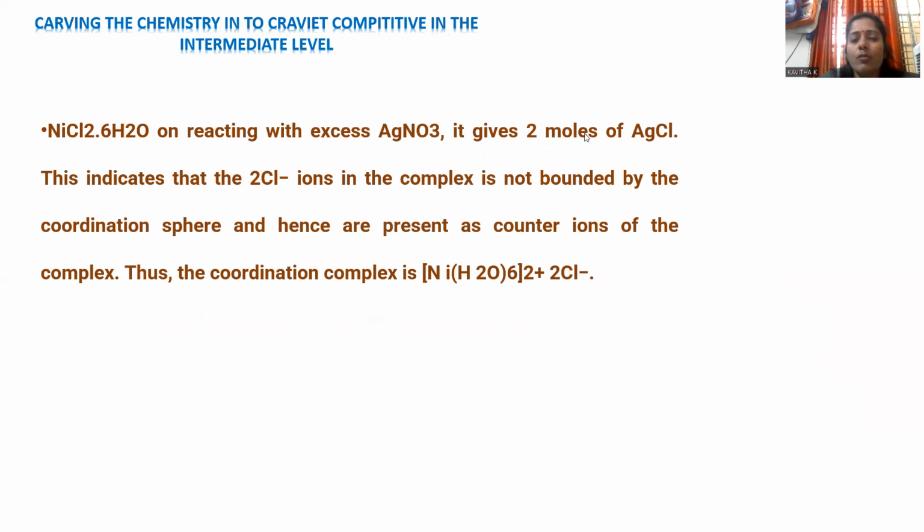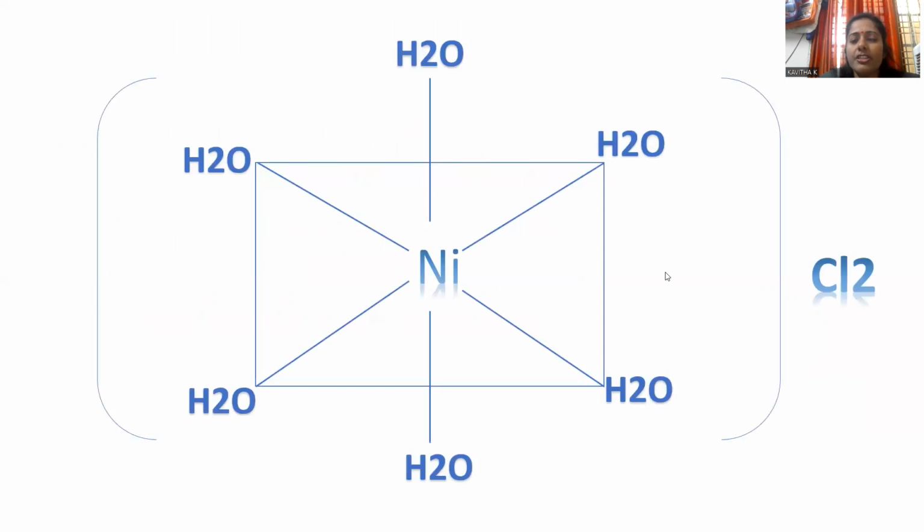So 2 moles of silver chloride are generated by 2 chloride ions. Hence, we can write the ionized form of the complex as [Ni(H2O)6]2+ and 2Cl-. This is the way we can answer. So let's see the coordination sphere of the hexaaquanickel(II) chloride complex.